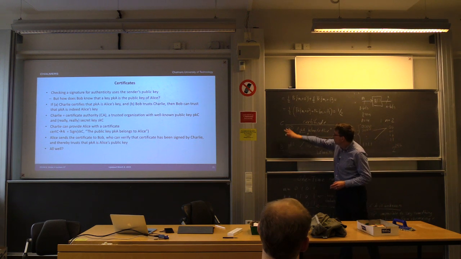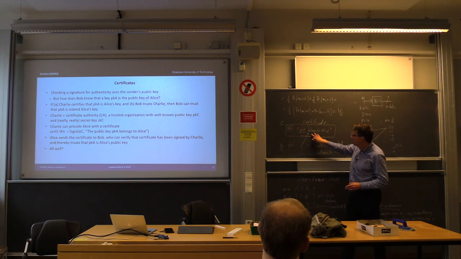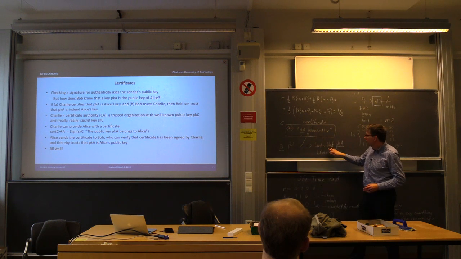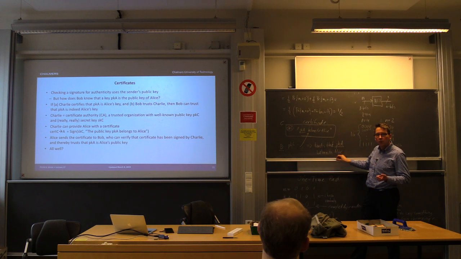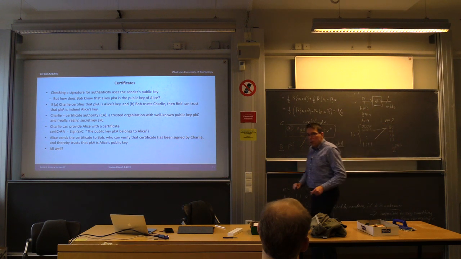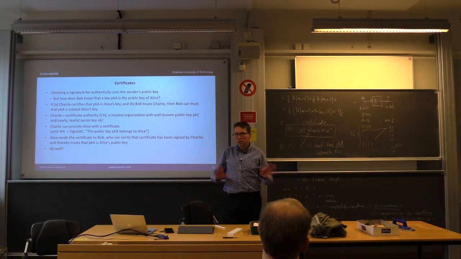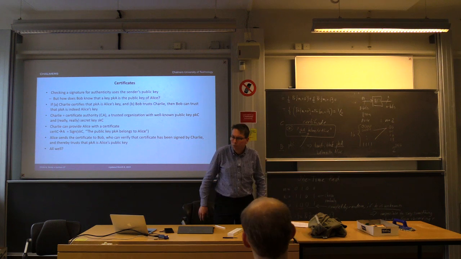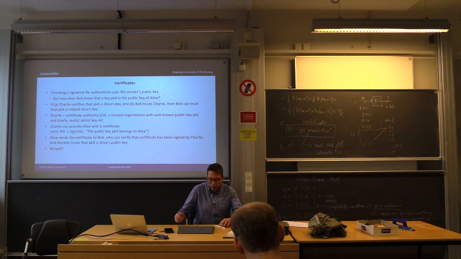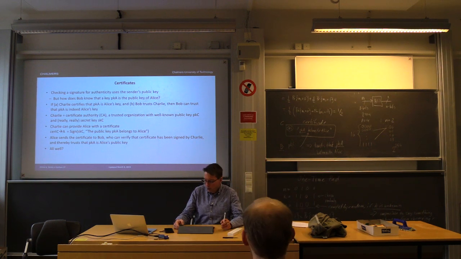Since Bob trusts Charlie, Charlie says this, and Bob trusts what Charlie says, that solves the problem. Questions? This is a little bit complex, I know, but if you look at it, maybe you can follow the logic a little bit. Okay, so then problem solved, right?